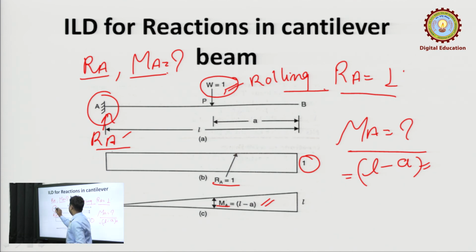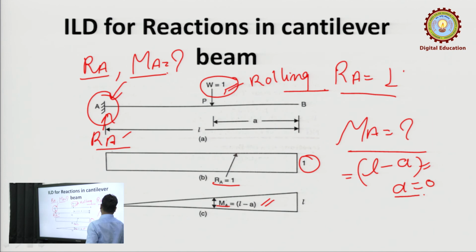When the unit load is at the support, A is equal to 0.